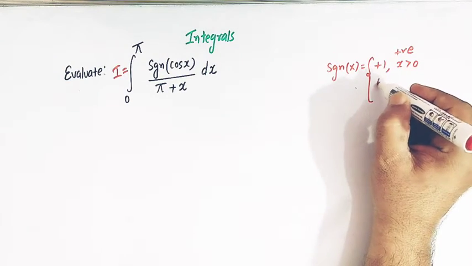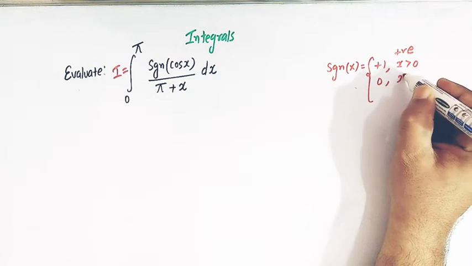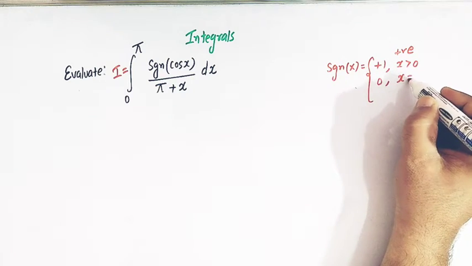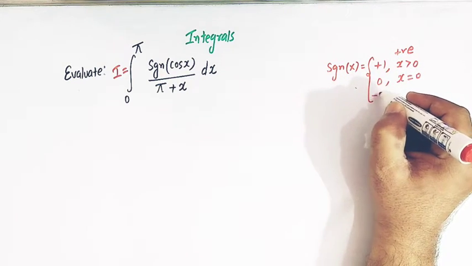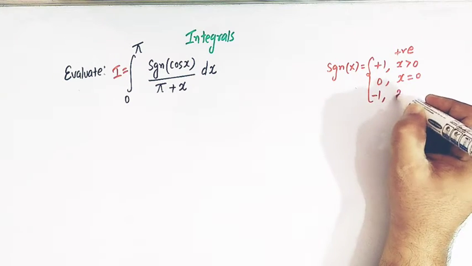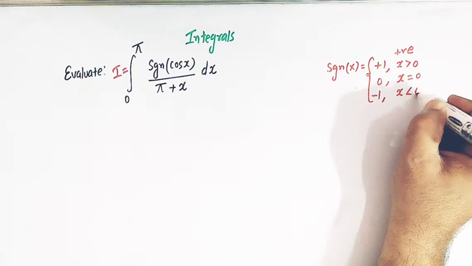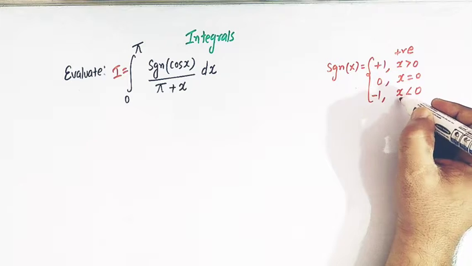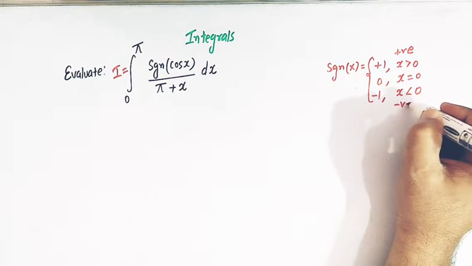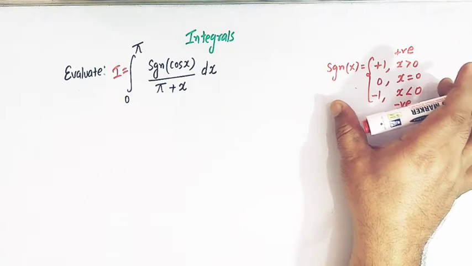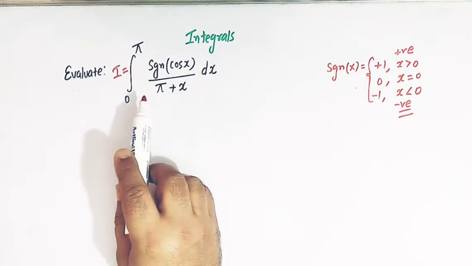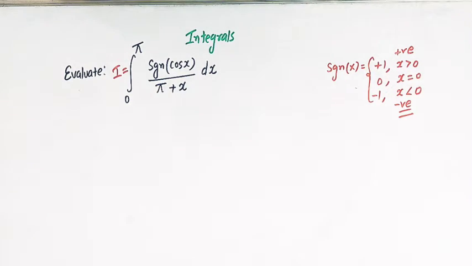Signum of x takes the value 0 whenever x is equal to 0, and the value negative 1 whenever x is less than 0, that is when x is negative. We'll use this definition to first simplify this integral.